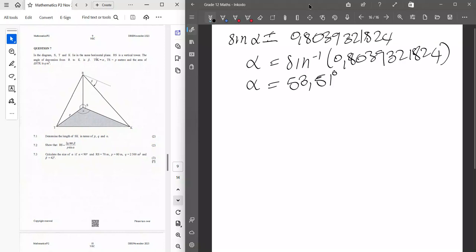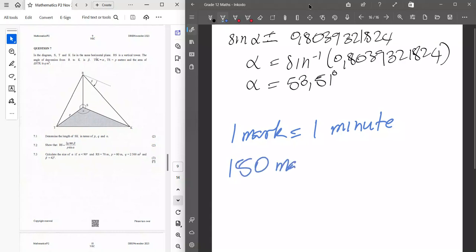Okay, so now we are done with everything. Having started this maybe 2-3 minutes late, we were able to finish in less than 50 minutes. Remember, guys, for your exam, 1 mark is 1 minute. 150 marks is 2 hours 30 minutes, so this means you have 30 minutes to check your work.